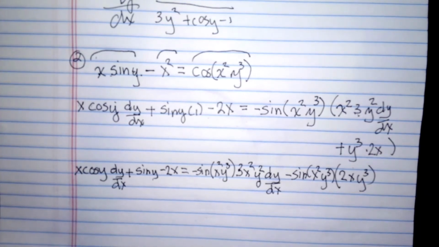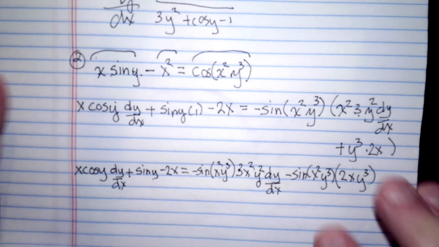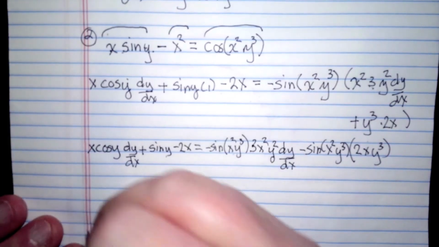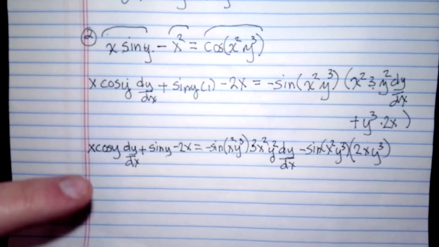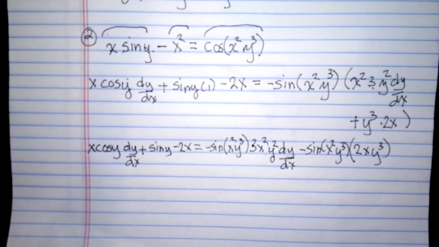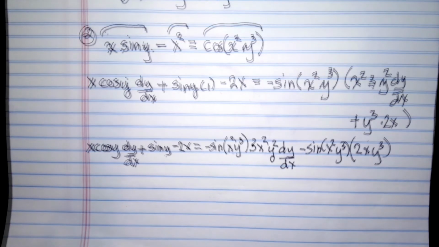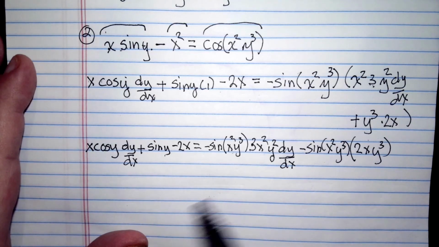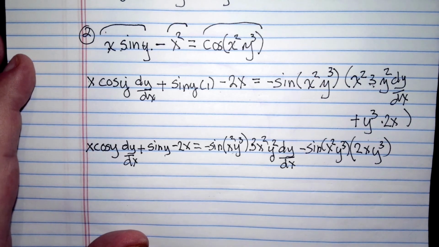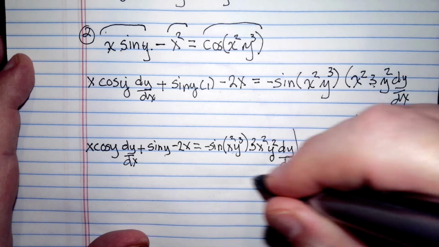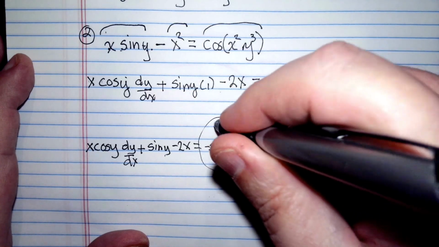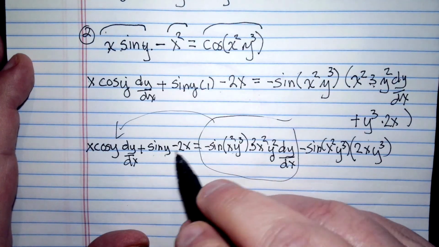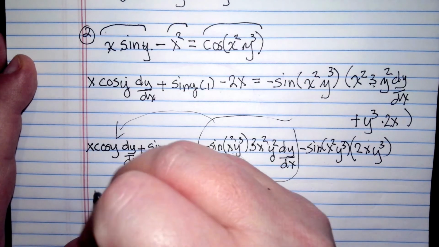Now we can pull all the dy dx terms over to one side and pull everything else over to the other side, and we will be almost done. So I think I'm going to pull all the dy dx terms over to this side. So let's move this term over here and take these two terms and put them over here.